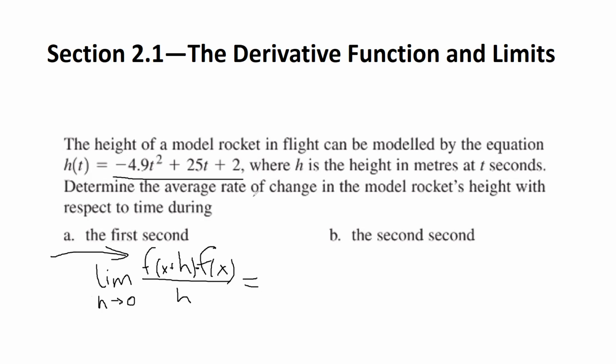Okay, so let's start solving this task, knowing that we have this limit function. And I like this type of exercise when we are talking about some physical stuff, something that may really be happening in real life. So the question is, the height of a model rocket in flight. So I'm going to draw it like this.